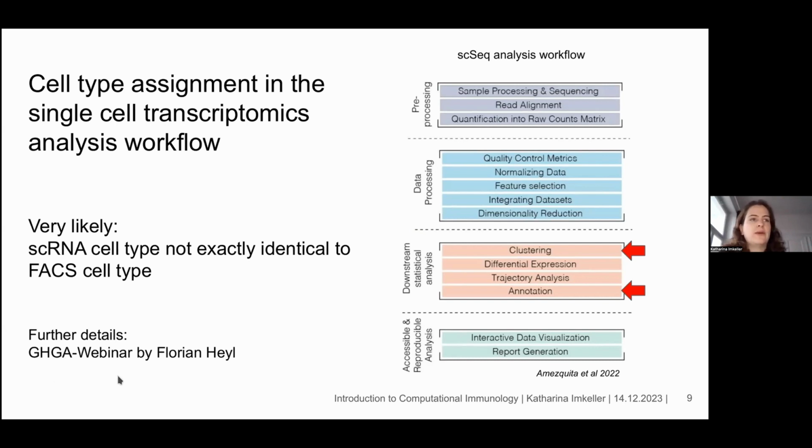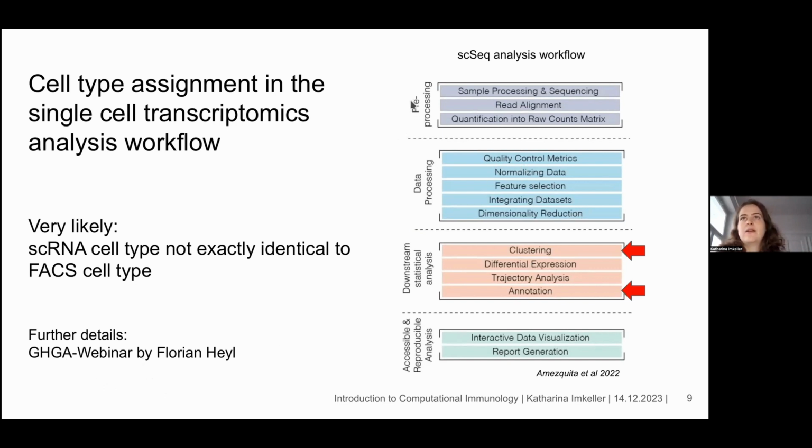I'm not going to go into too much detail about the analysis workflow, and I would like to warmly recommend the previous seminar by Florian Heil, who discussed single-cell RNA analysis workflows. I would just like to highlight two steps.